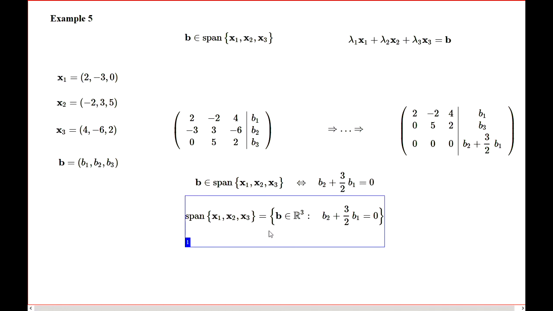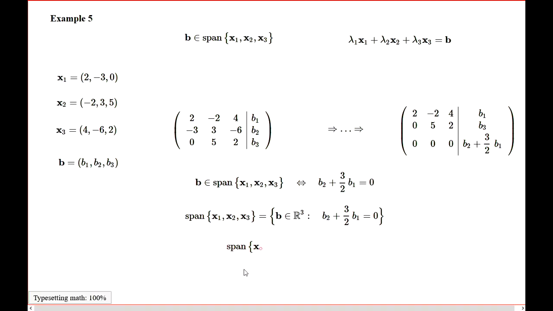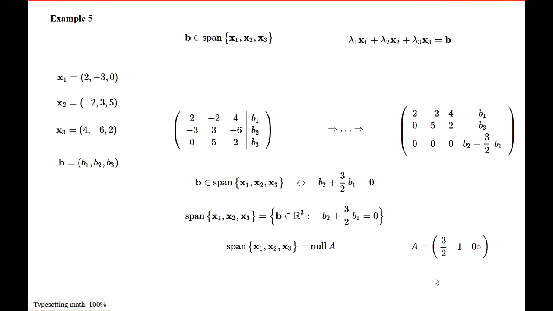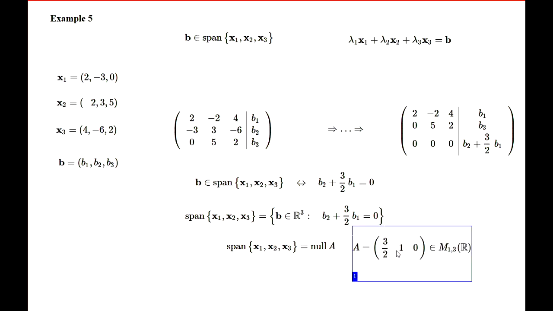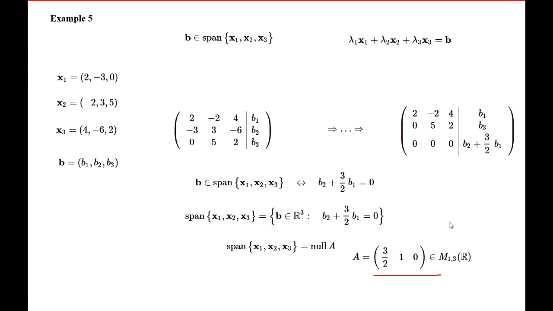This is something I called the matrix null space a few lectures ago. So the span of my three vectors coincides with the null space of a matrix A. And if you remember, I said that you have to specify the matrix exactly. That's my specification. The matrix is of size 1 row, 3 columns, and the entries of that matrix are like this.